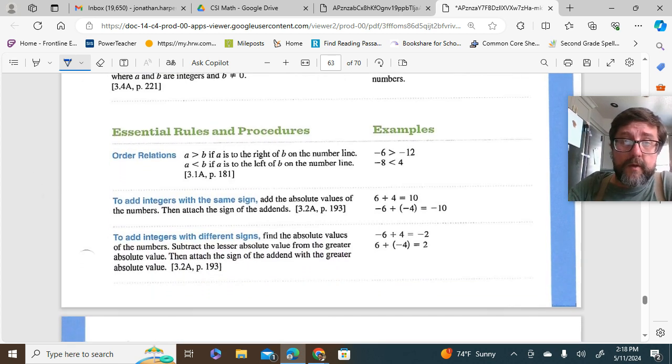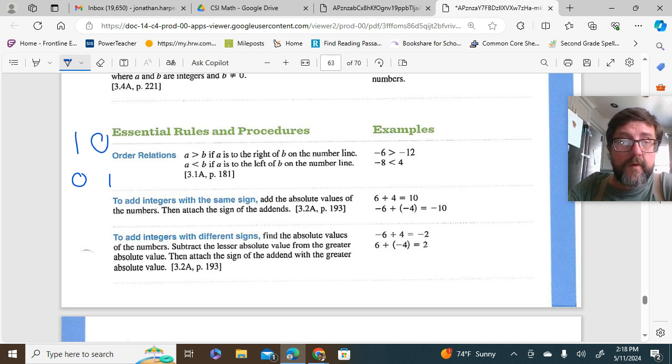Essential rules and procedures. Order relations. a is greater than b if a is to the right of b on the number line. So you have 0, 1.